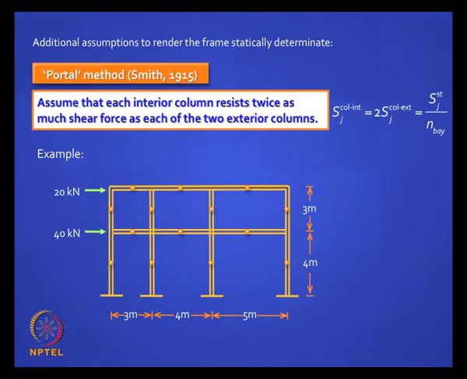First you mark the hinges, okay, put little rounds in the middle of all the beams and middle of all the columns. Then you do what we did earlier, divide the story shear, okay, so you can calculate the story shear. The top story shear is 20 kilonewton and the lower story is 20 plus 40, 60, agree?